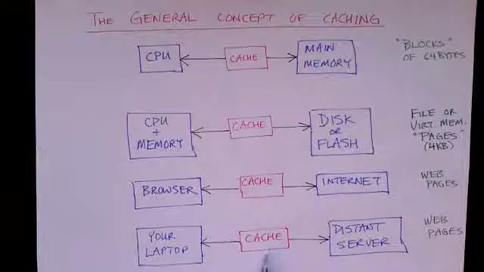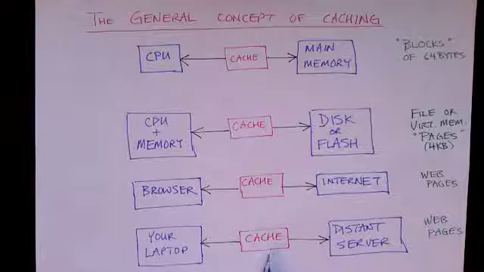And those web servers will have copies of the web pages from the distant server. So when your computer asks for a web page, it goes out to the internet, but it doesn't go all the way to another continent. It just goes to the nearest server that happens to have that web page cached.